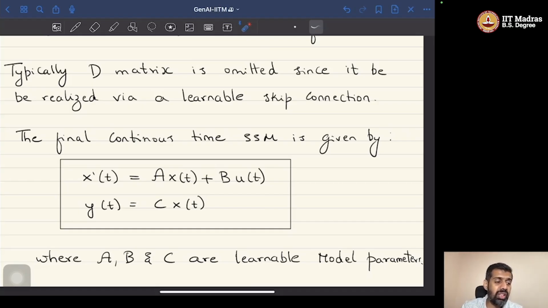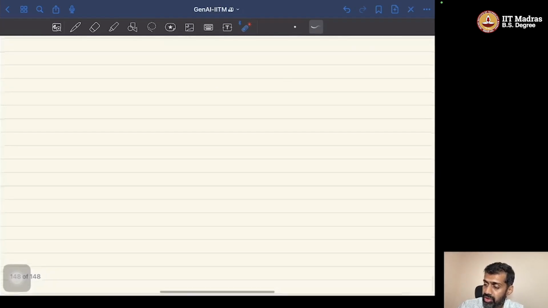So, for instance, if you take the sequences of natural language, the text that we get is not continuous in time, because we have sampled the time, and what we have is a discrete sequence. Now the question is, how does one convert this continuous time state space model into the discrete time version? So let us take that question now.